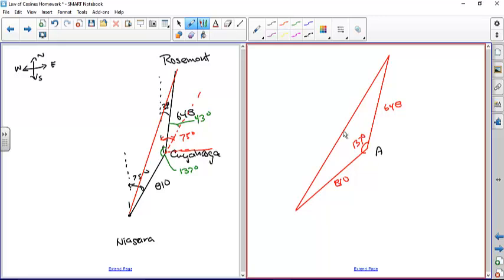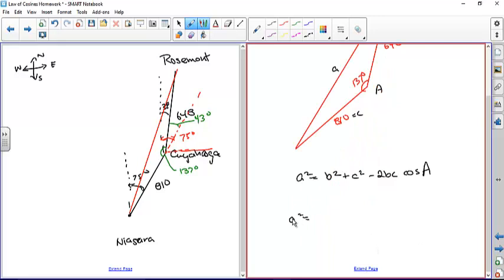So if we call this angle A, this side A, this side B, this side C, and we want to find A squared, it is equal to B squared plus C squared minus 2BC times the cosine of angle A. So we know everything on the right-hand side. So we get A squared is equal to 648 squared plus 810 squared minus 2 times 648 times 810 times the cosine of 137 degrees.